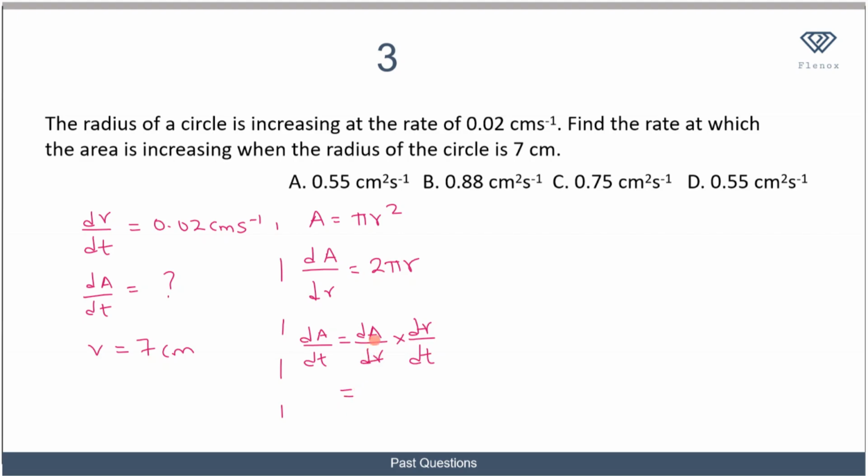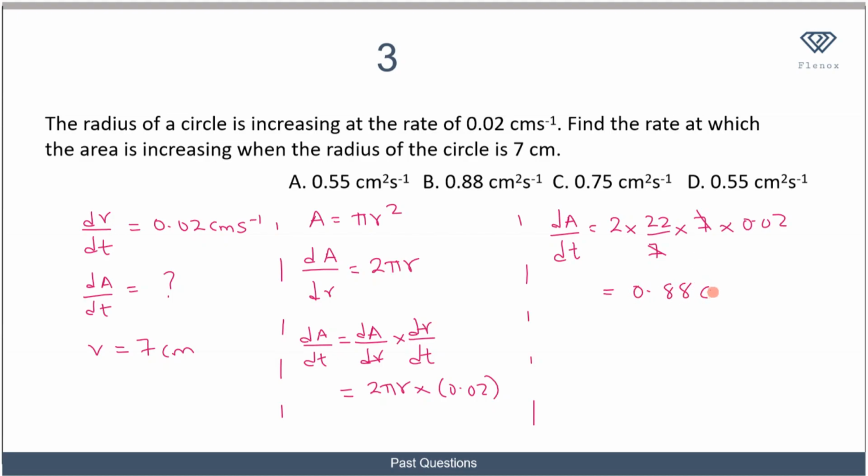So that becomes my dA over dr, given as 2 pi r, times my dr over dt, which is given as 0.02. So now dA over dt equals 2, the value of pi we will take to be 22 over 7, the radius we are told is equal to 7 centimeter, then times 0.02. 7 cancels 7. 2 times 22 is 44, and when you multiply 44 by 0.02, you get 0.88.